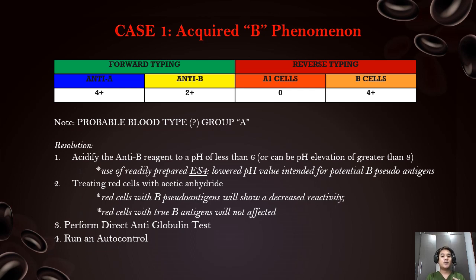And this action will result in the red cells with B pseudoantigens demonstrating a decreased reactivity, and the red cells with true B antigens will not get affected. So acquired B antigen can always be resolved using autocontrols and your direct antiglobulin test, which will be discussed in a separate topic with presentation.